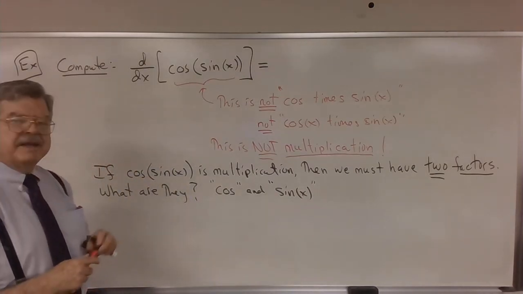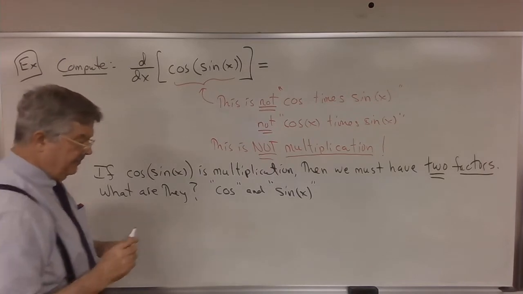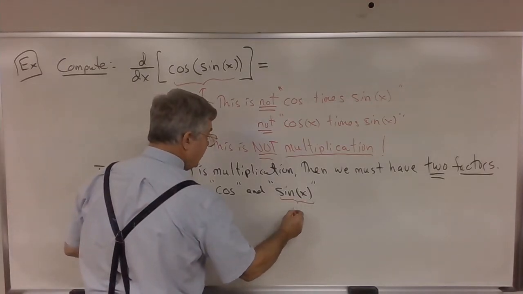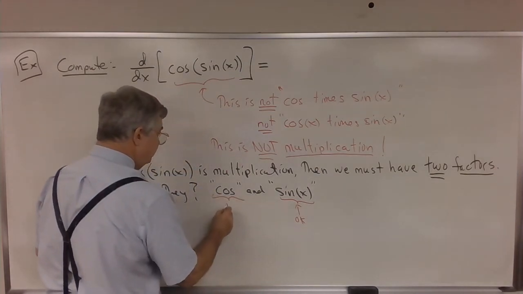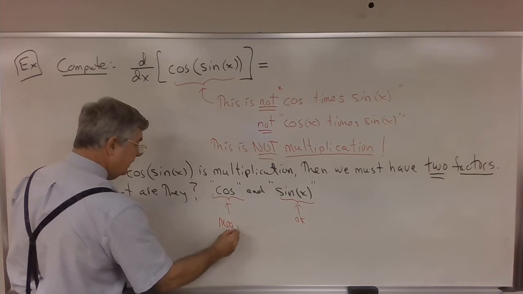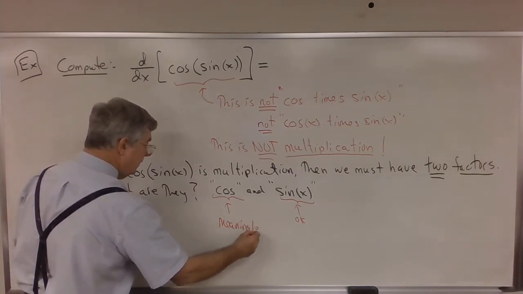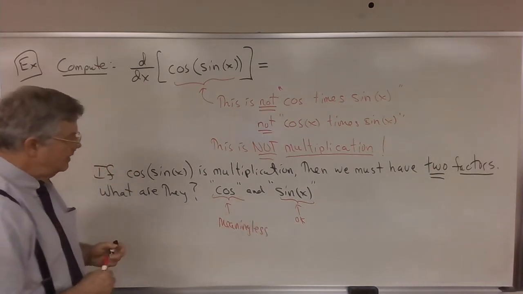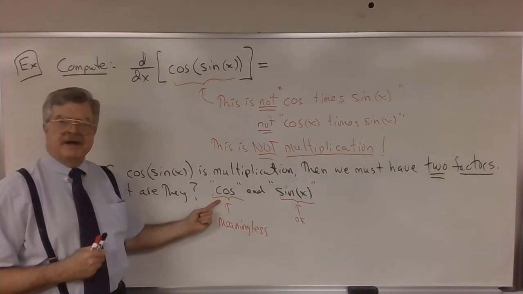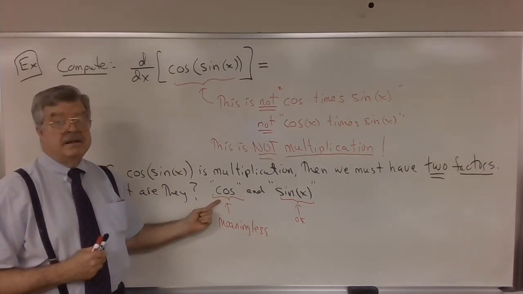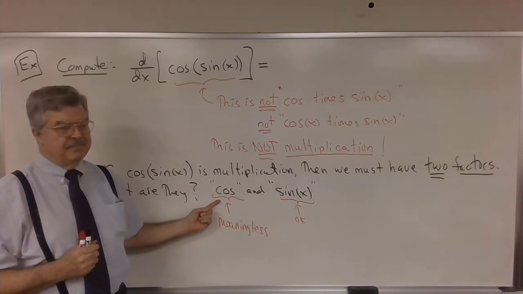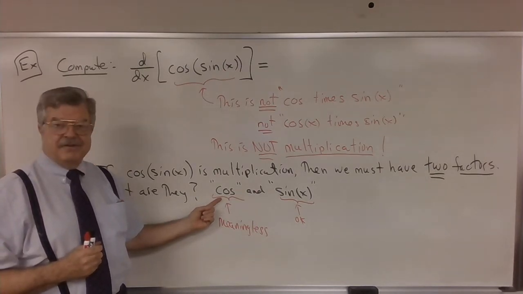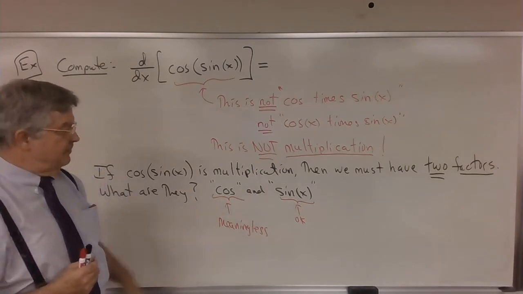Now, one of these things makes absolutely no sense at all. This is okay. This is meaningless. Just plain cosine. In order for this to make sense, we have to evaluate the cosine function at an angle. We have to have the cosine function evaluated at something.